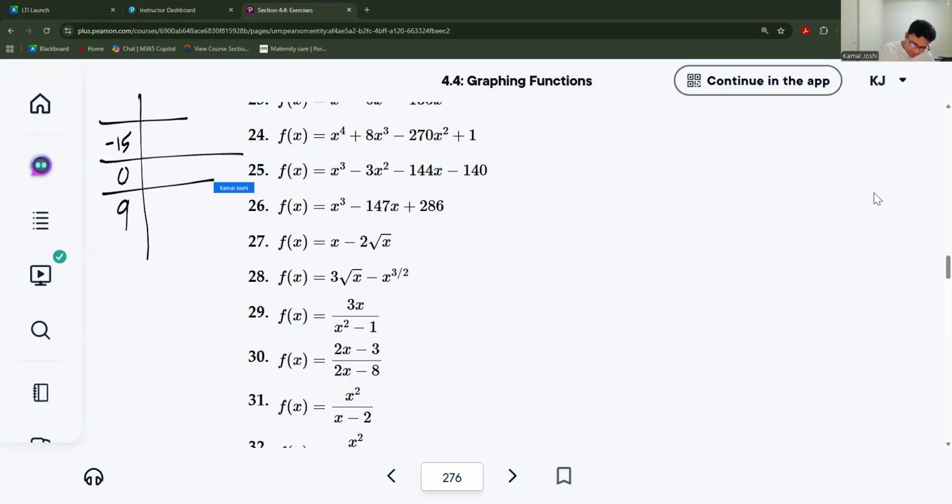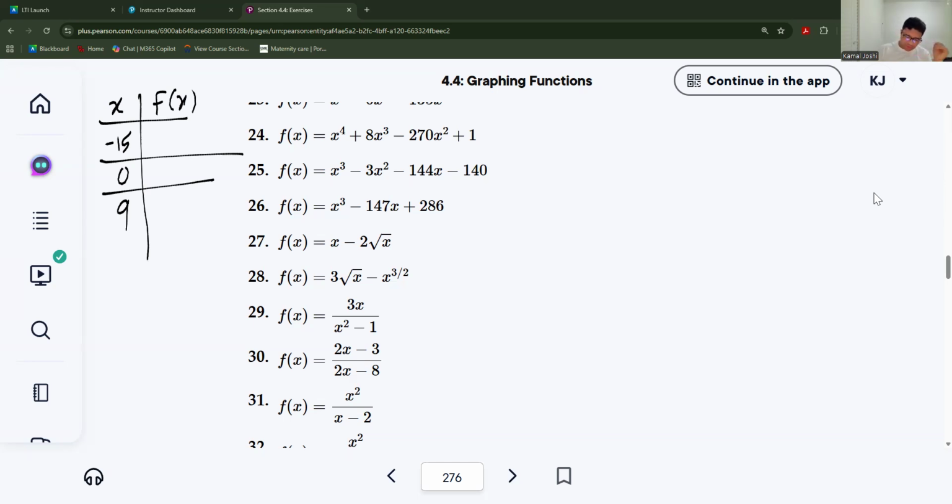These are x values, and we need to compute f of x values. I'm just not going to literally do them here. I will just talk about the approximate values.